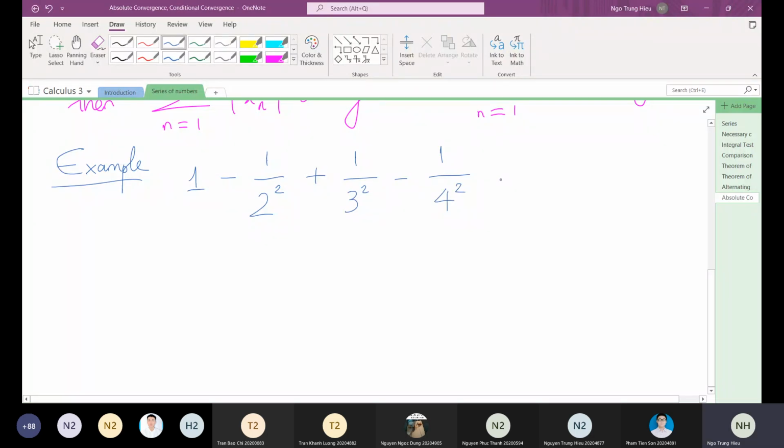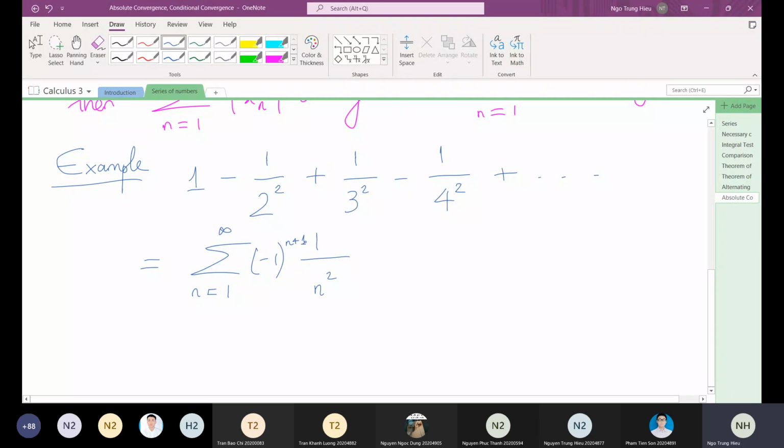So this series is actually an alternating series, so we have to adjust the sign a little bit.